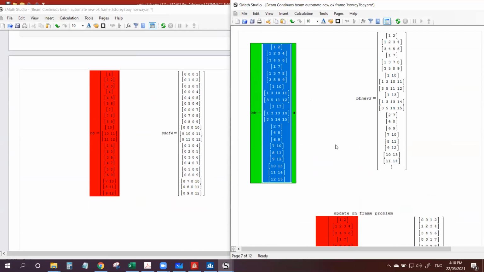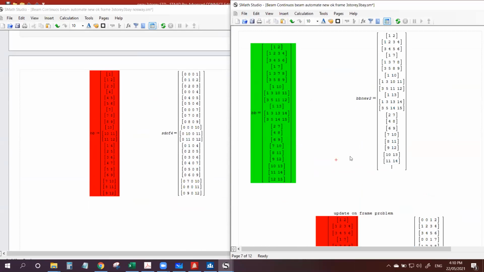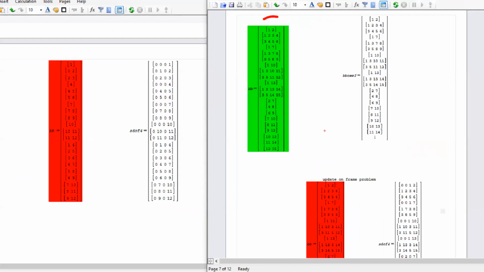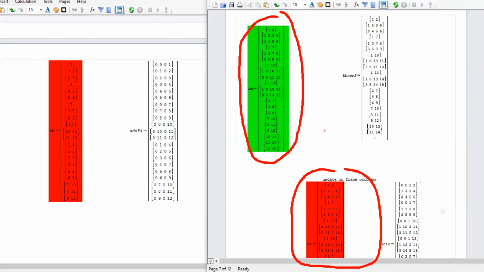The only problem here is this is my code, but it should be this. This is a small difference. For example, 1378: I'm generating 1378, but what I need is 1738.